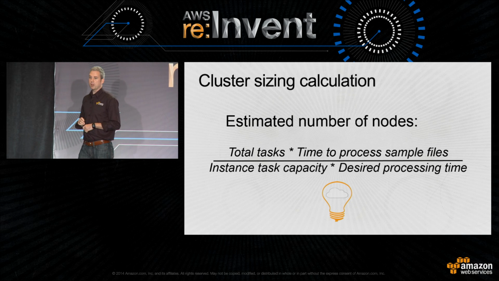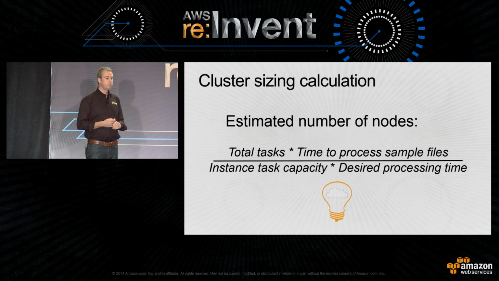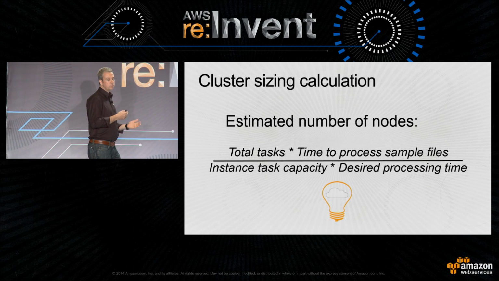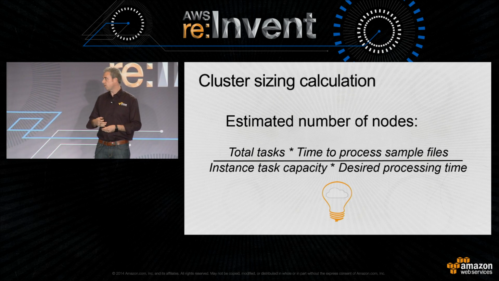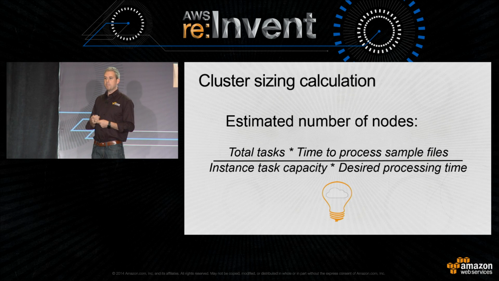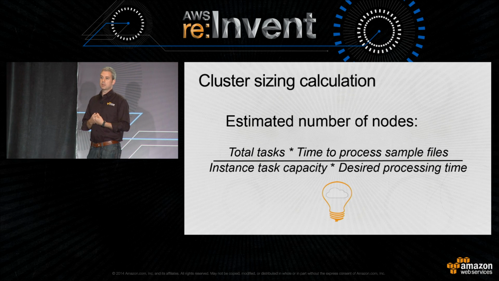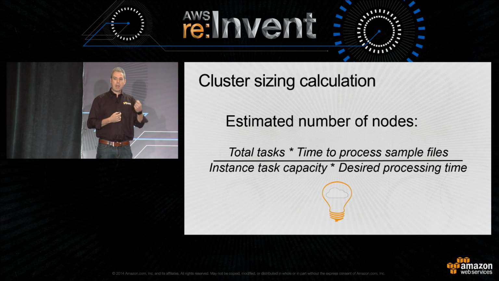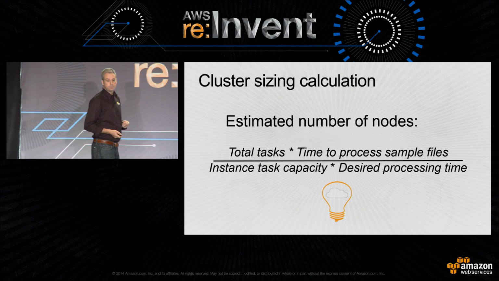And then there's a formula. The number of nodes is the total tasks times the time to process these sample files divided by the instance capacity, and then a magic number, which I really like: the ability to say, how long do I want it to take?